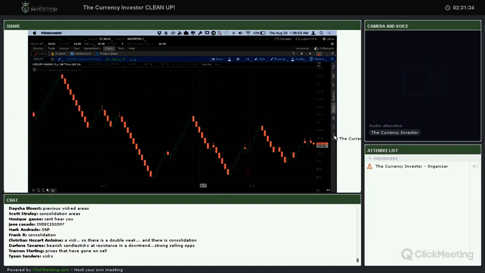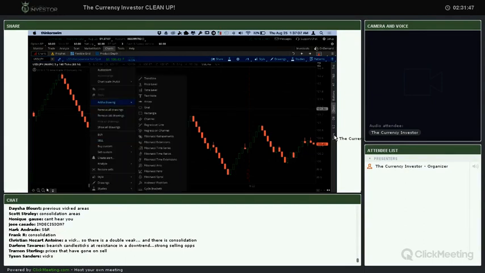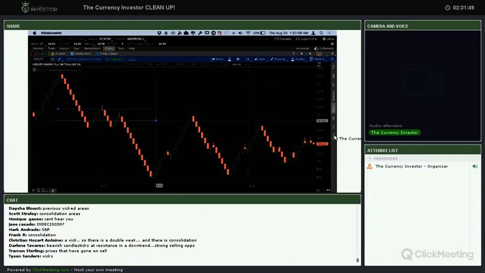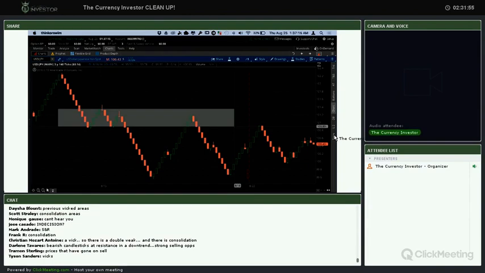Even though we're going to go back and forth between these charts, the first thing I look at is right here. At the end of the day, if we're selling, we need to figure out where the selling point was coming from.